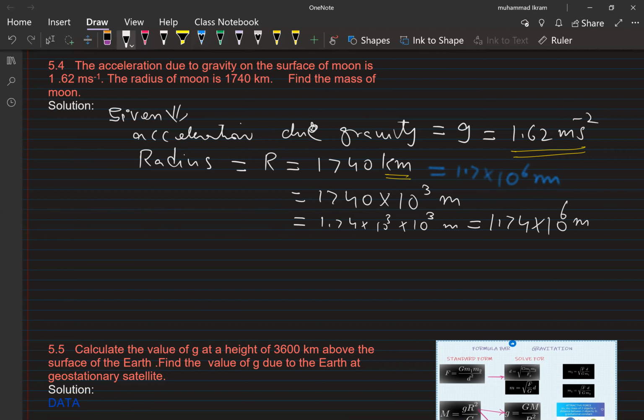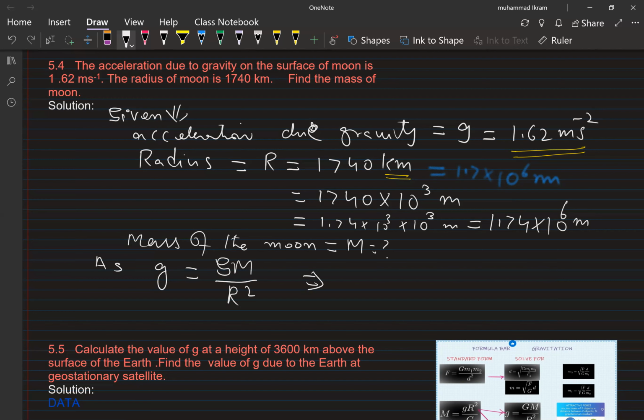Now find the mass of the moon. So they ask for the mass of the moon. Now, if you remember this, look, I don't have the formula sheet in front of me, for example. So quickly, I know that g is equal to G M by R square.